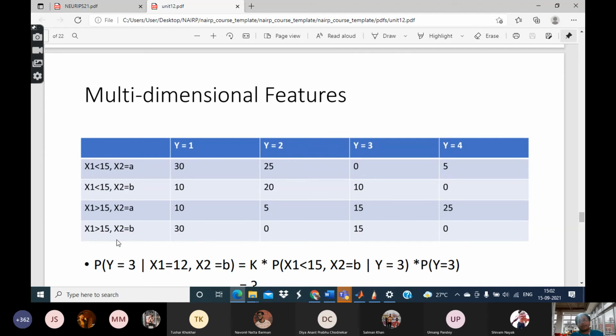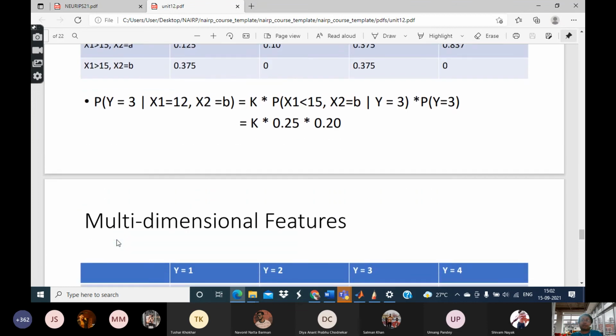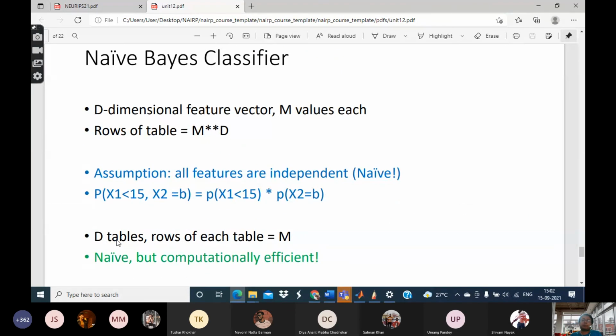Similarly, as we have more and more features and those features keep taking more and more values, our table size blows up accordingly. If there are a total of d attributes, as we had been assuming earlier, and each of those attributes takes m values, then the total number of rows of this table is going to be m to the power d.